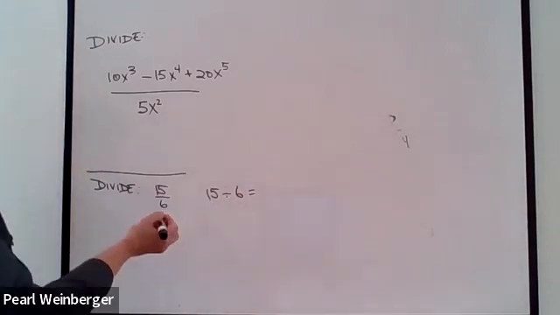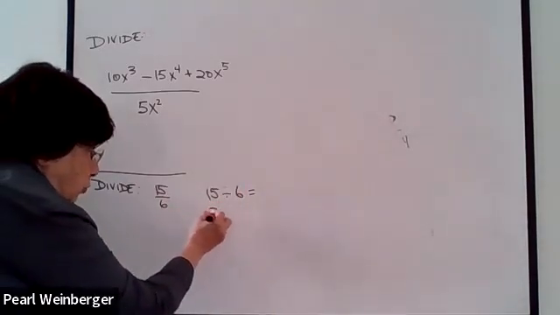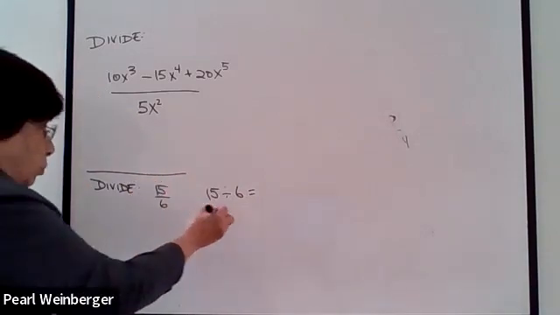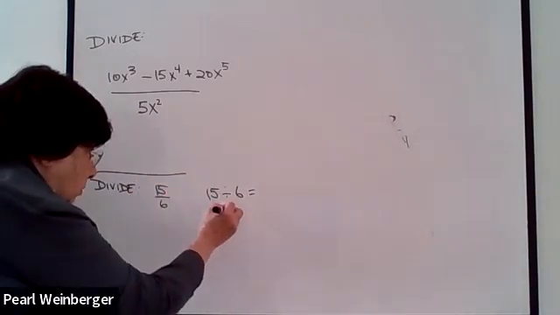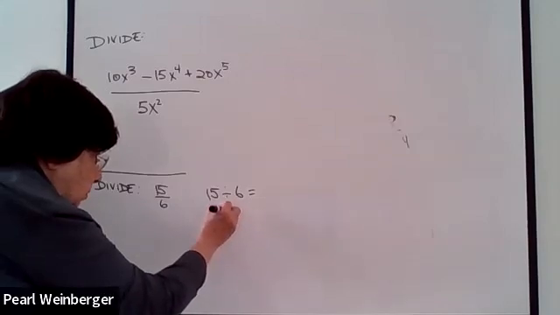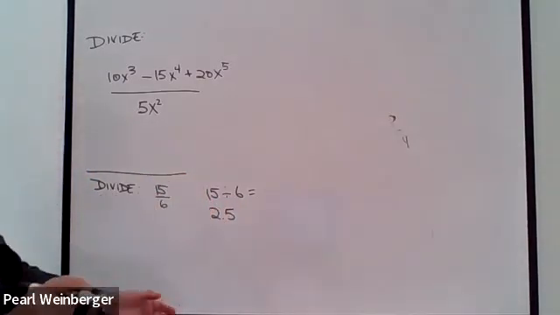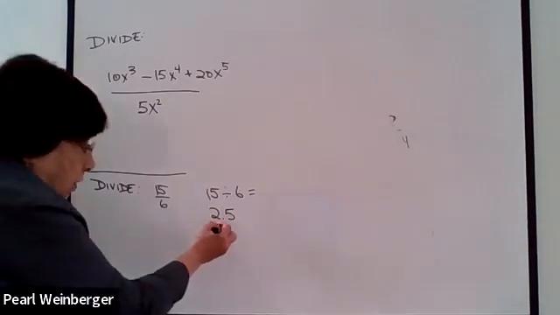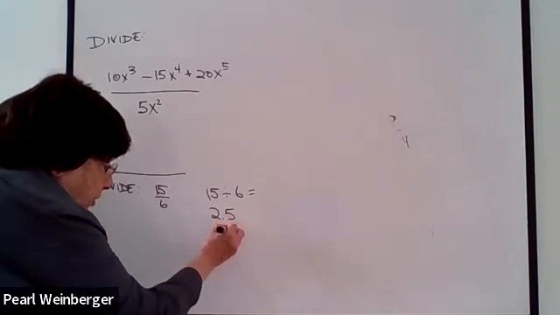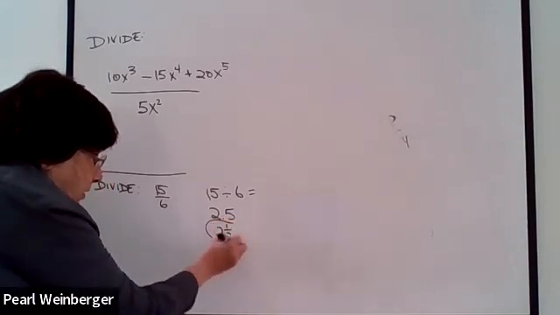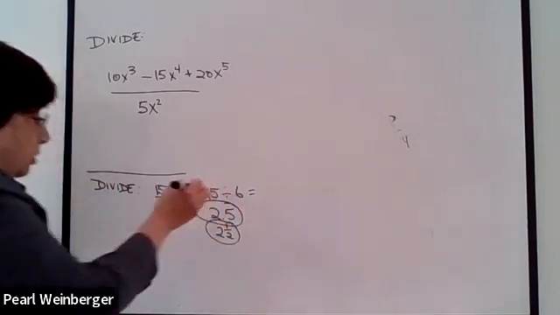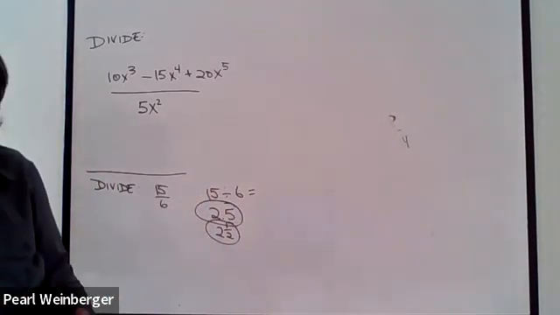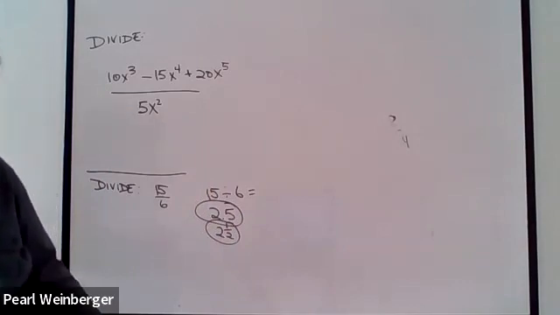And if you do that, you're going to get 2.5. In other words, you'll get a decimal answer, or if you wanted, you might write it as a fraction. But usually when we're doing division, we give our answer as a decimal.